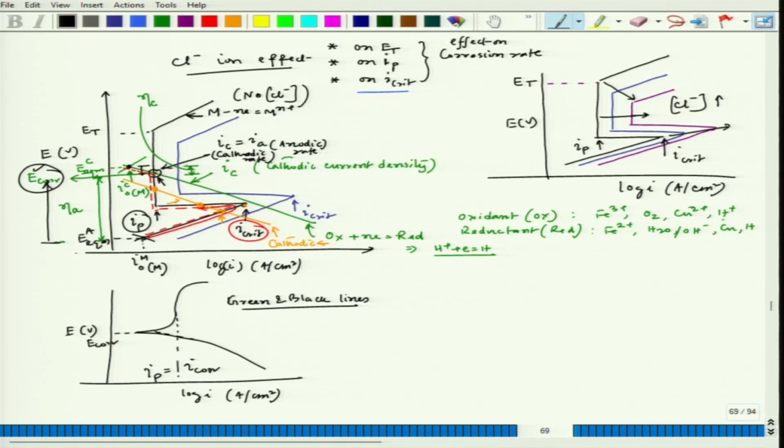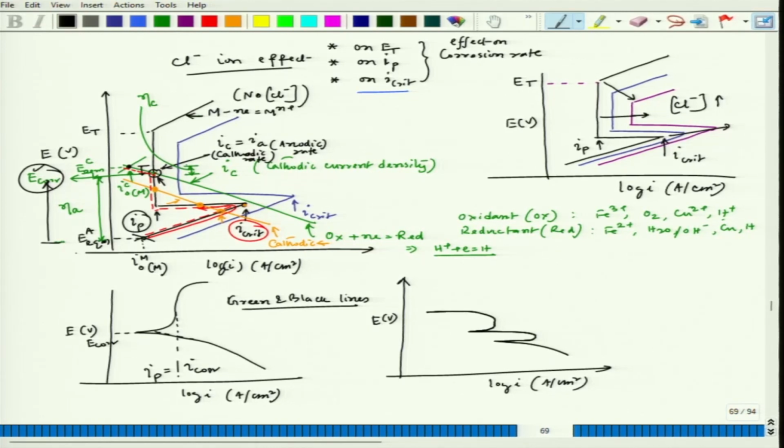Now, when it is the brown one, in that case the polarization plot would look like this.